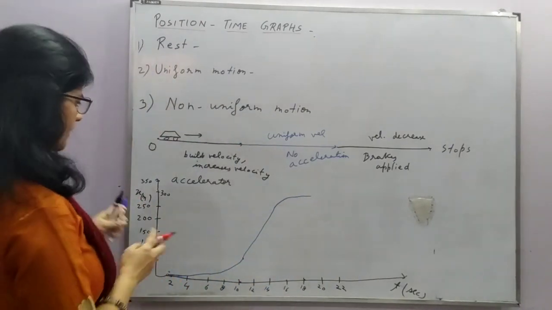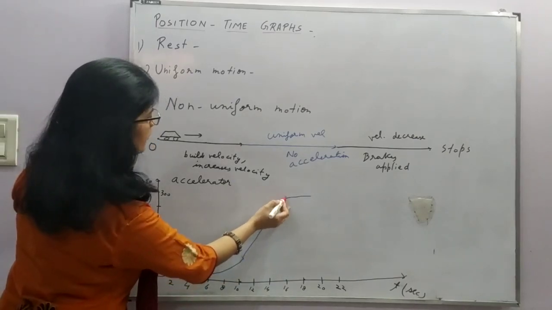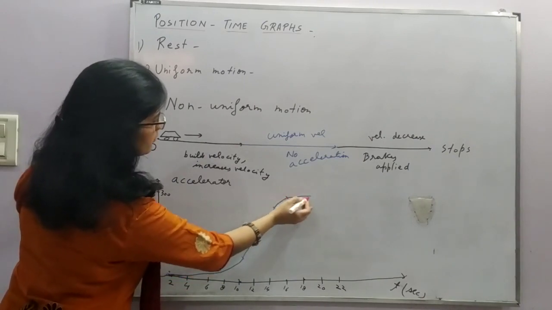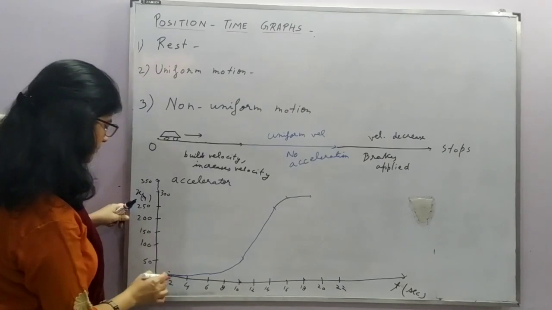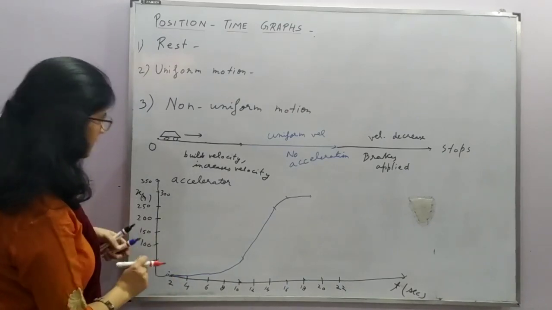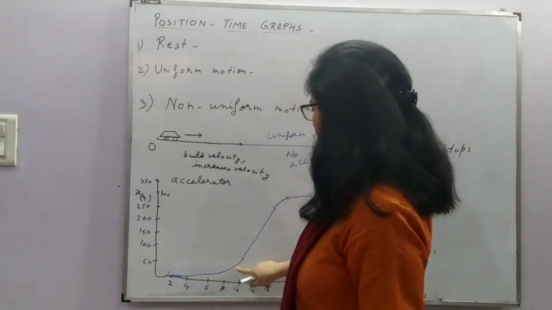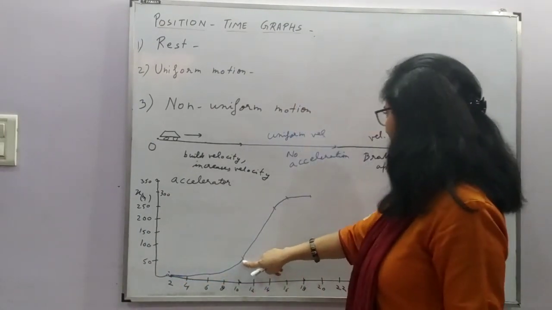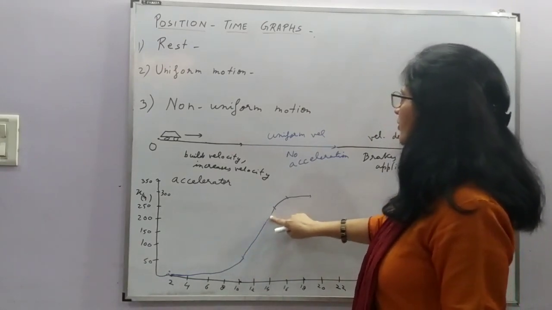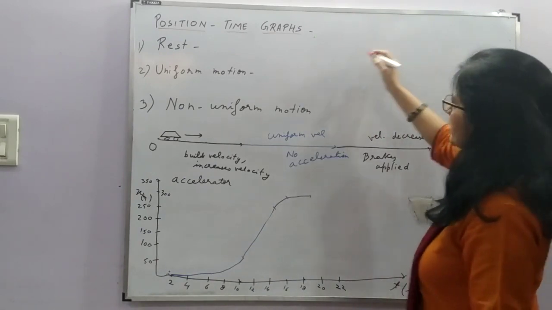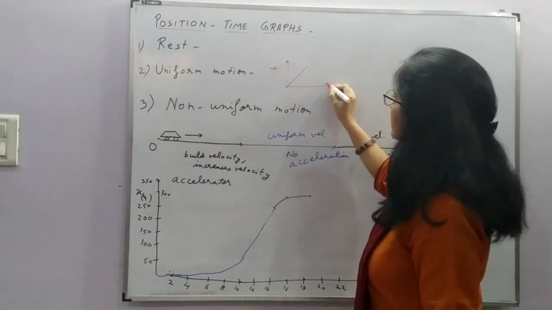So let me explain this situation. This interval, this interval, this interval and this interval. If you look at the position, when this car started from rest, initially the velocity is increasing. In this case, it's a case of uniform velocity because you remember that for uniform motion, the graph was a straight line. Right?